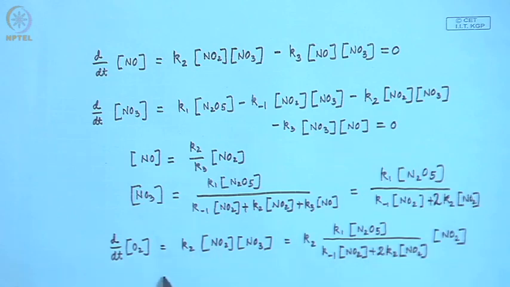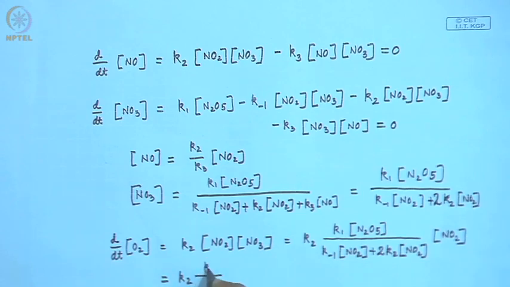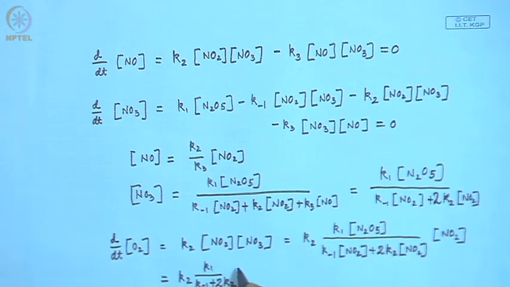So, this gives you K2 K1 divided by K minus 1 plus 2 K2, times N2O5.